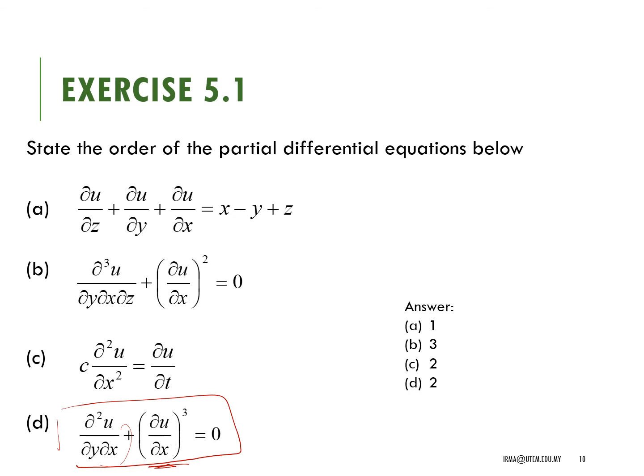This does not mean that you differentiate u 3 times. You only have one differentiation, but the answer you need to multiply 3 times, so that is why this is to the power of 3. Therefore, this is not considered third order. It's first order, but we multiply it 3 times. So the answer for D is 2, the highest is 2.